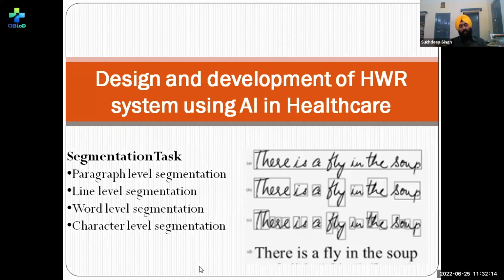There are many deep learning models where there is no need to segment our data to character level. We can directly use LSTM or CNNs for word level segmentation. So at this step, we will divide our data into smaller units. I will also show some practical application of this.